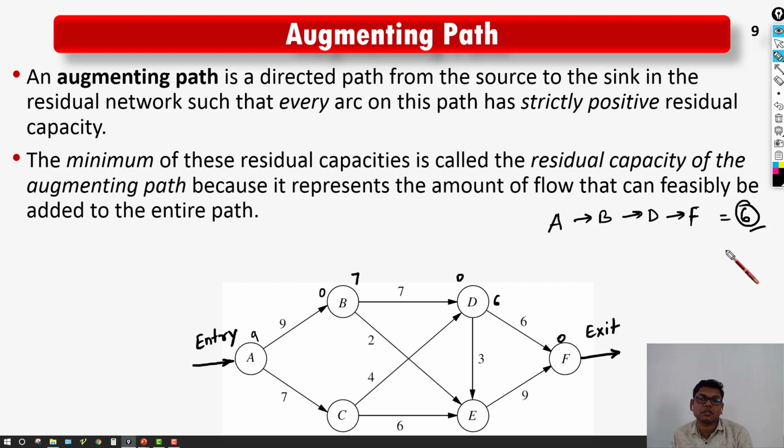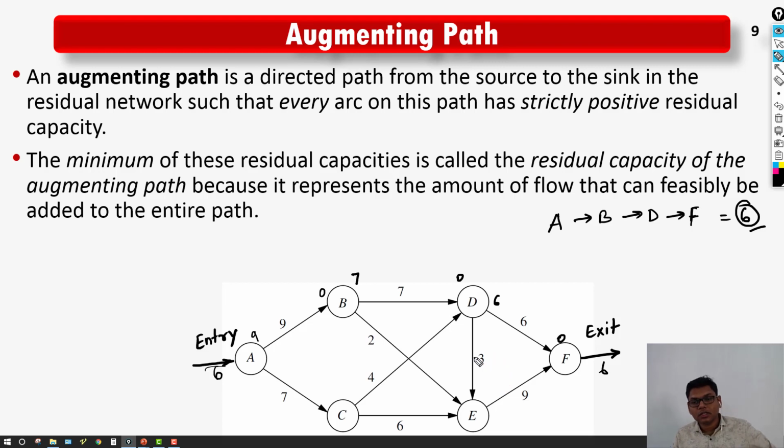That is the capacity. Clear? Because it represents the amount of flow that can feasibly be added to the entire path. Are you getting? So only 6 can enter, and following the path we can exit 6. I'm taking only one; there are many other paths possible, and accordingly you can take the values.